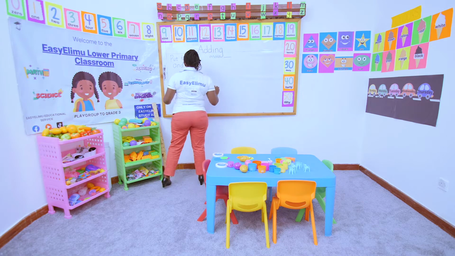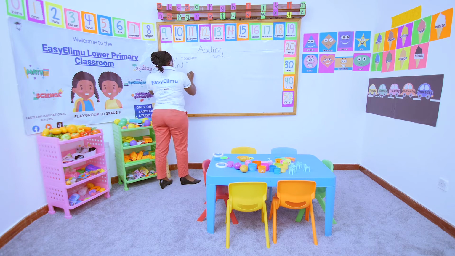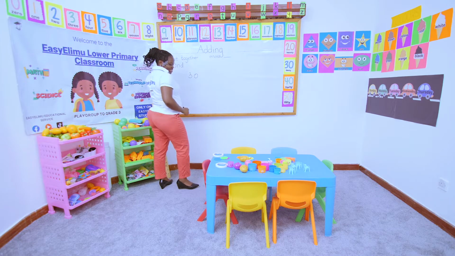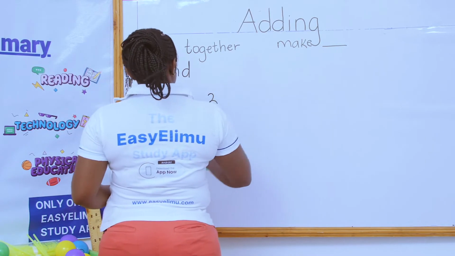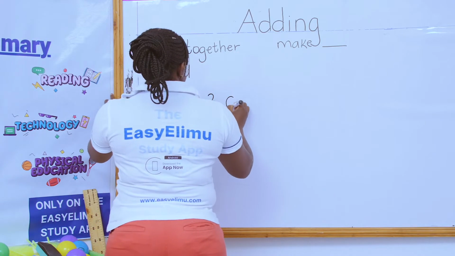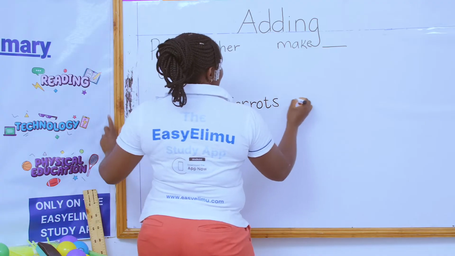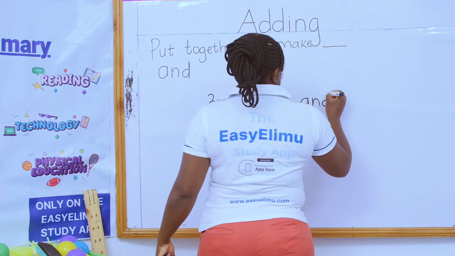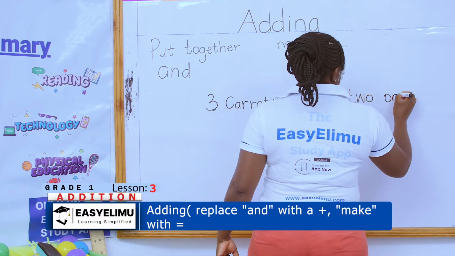Now, for example, when we talked about Kate's mother going to the market, we talked about 3 oranges that Kate's mother had. Were they 3 oranges? No, someone has just reminded me. They were not 3 oranges. They were 3 carrots. Kate's mother had bought 3 carrots and 2 oranges.